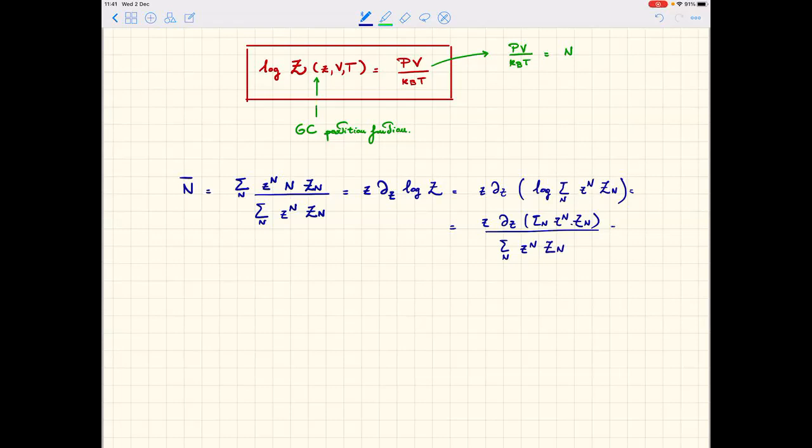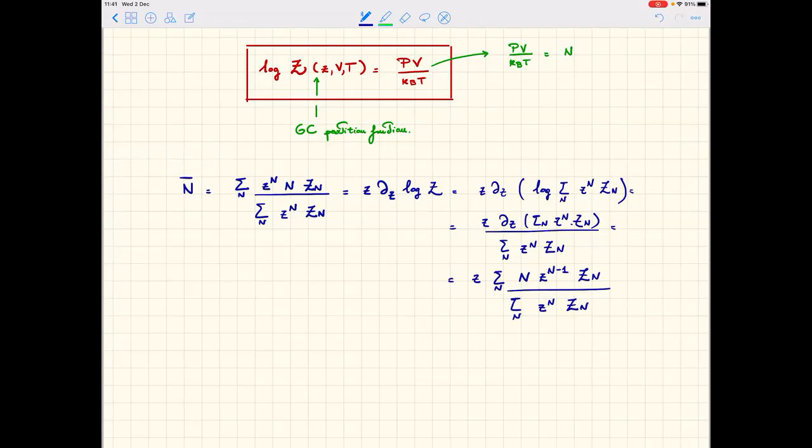Now I take the derivative, and I obtain that this is z times the sum over n of n z^(n-1) Zn divided by the sum over n of Zn z^n.